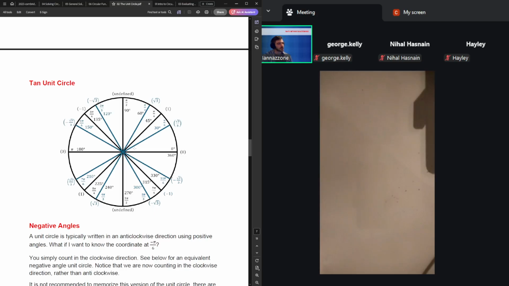The final way that I can think about, as far as how you memorize what's on this unit circle without referring to it, is you can think of tan as the gradient of your line. Because gradient is essentially rise over run, y divided by x, and sine is supposed to be y and cos is supposed to be x, well, if sine divided by cos equals tan, and rise over run is gradient, that means that tan is effectively gradient.